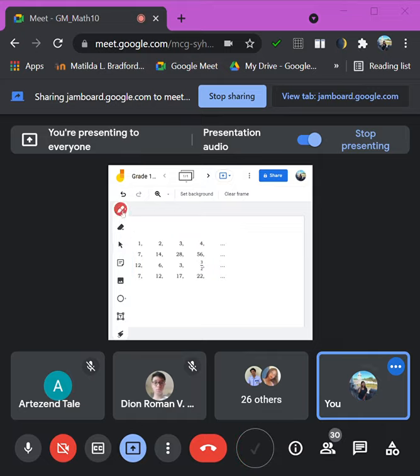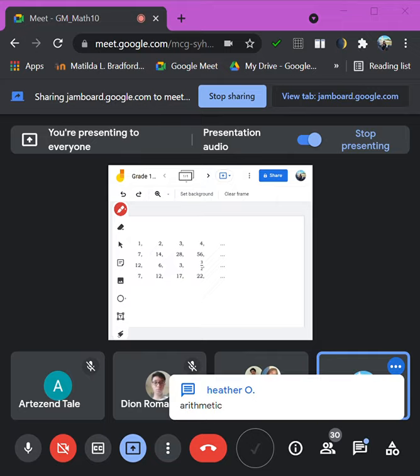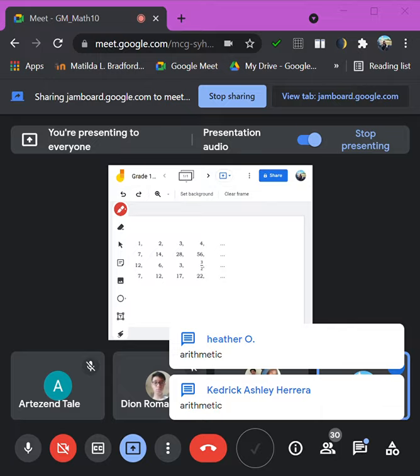Okay. So, mag-start ta sa kani. 1, 2, 3, 4. What do you think is that? Is it arithmetic or geometric sequence? Okay, you can put your answers in the chat.